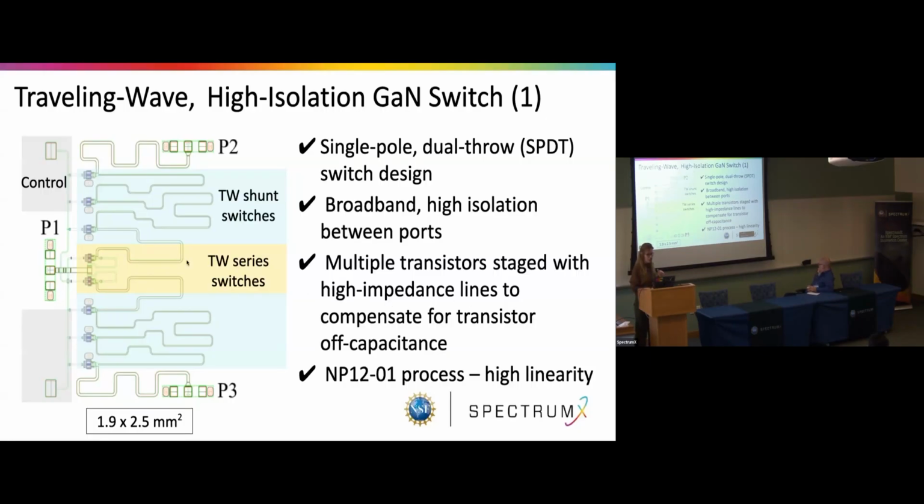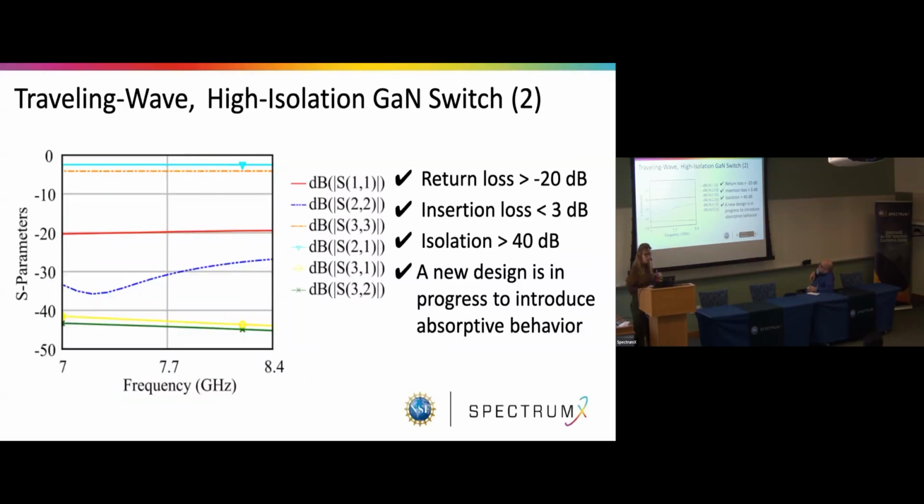So here you have the input port, and what you see here is a sequence of transistors that are connected in shunt and in series, and that will provide, besides high power and higher linearity, some high isolation.